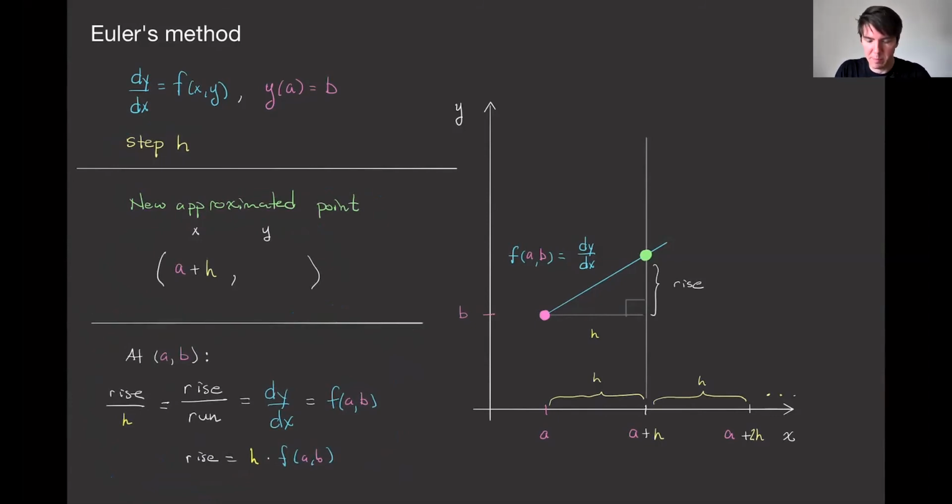So for our new approximated point, we found the x value, and now the y value is going to be b plus however much the rise is. So we start with b, and then we add to it the rise. The rise we found to be exactly this down here, so maybe I'll just copy that. Make sure it fits.